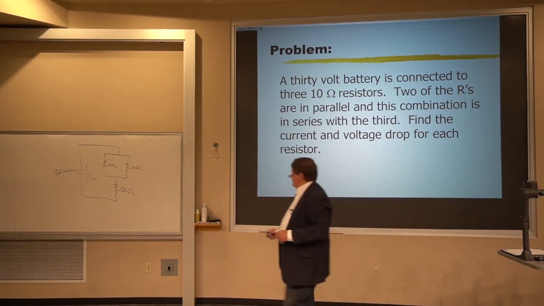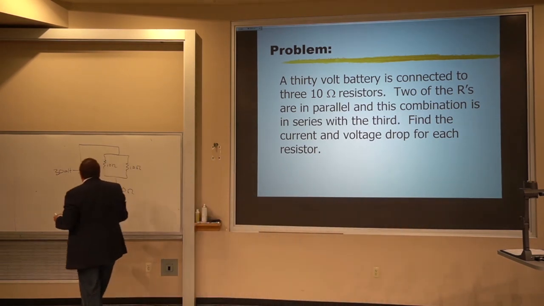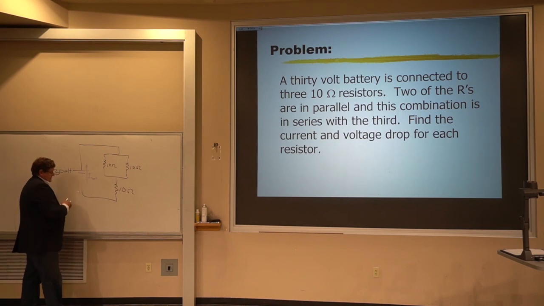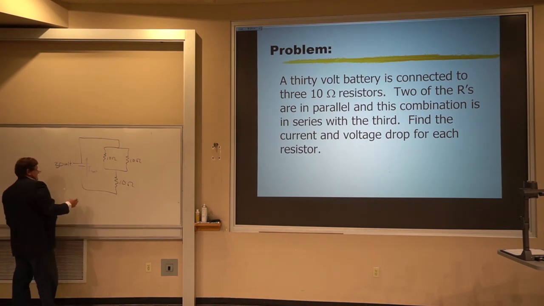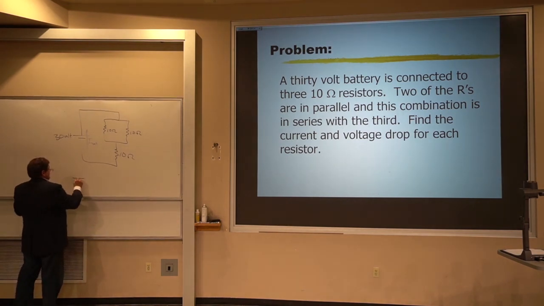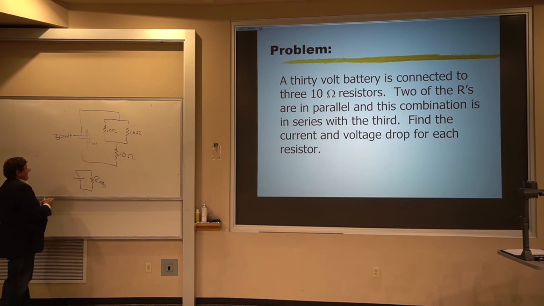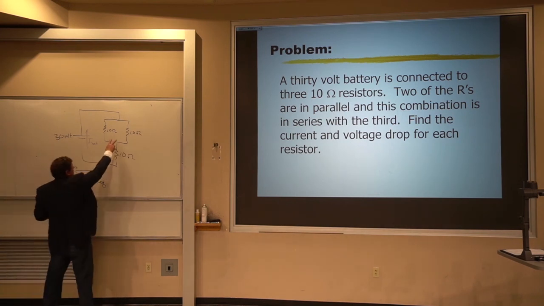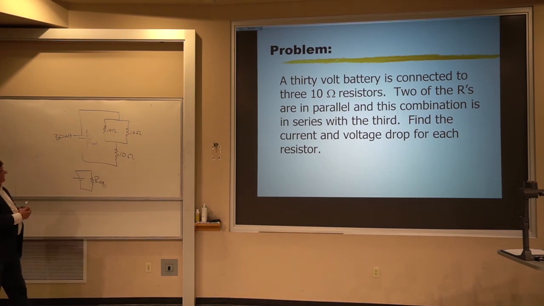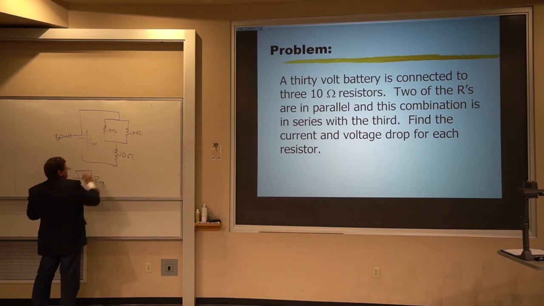And to find the current through the battery, I need to reduce this circuit to a simpler circuit where I find the equivalent resistance of the circuit. Well, two 10s in parallel are twice as easy as one 10, so those two 10s look like a 5. And that 5 is in series with a 10, so this equivalent resistance is 15 ohms.